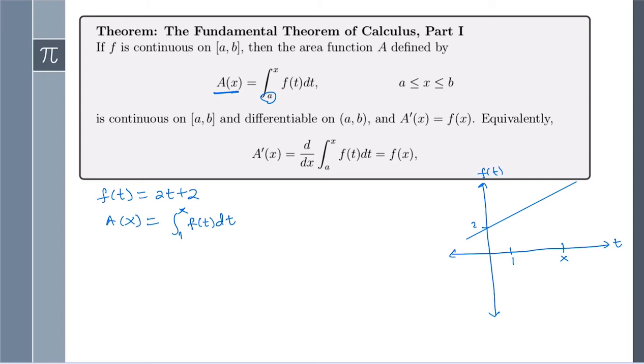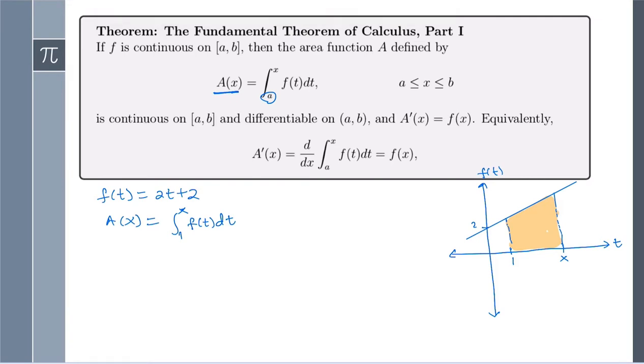Now, if we just complete this area, this is the area that we are looking at. This is the region, the area that we are trying to find. Now let's find a function that represents this area. That's what we are going to do next. If you look over there, we have this trapezoid.